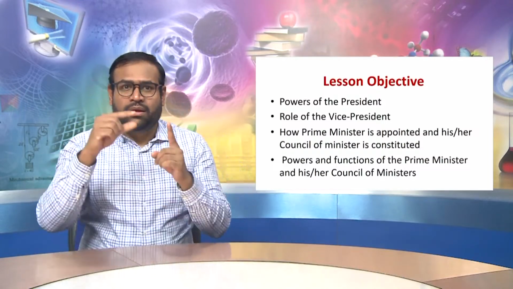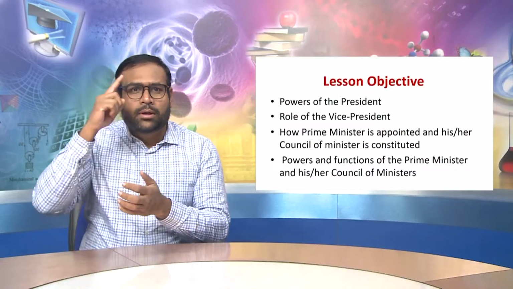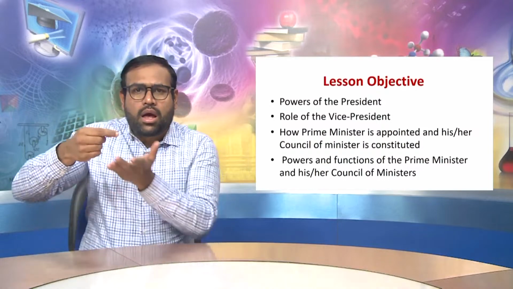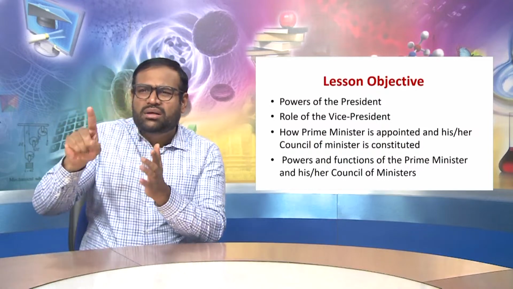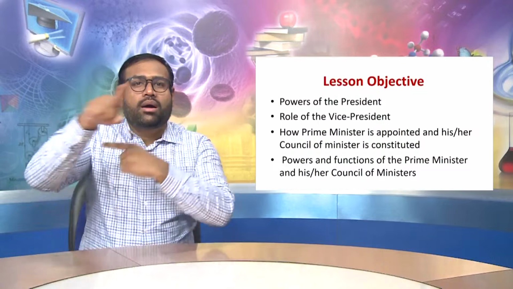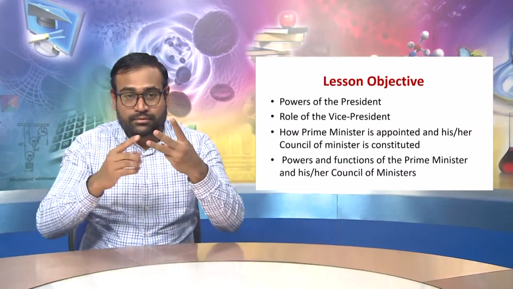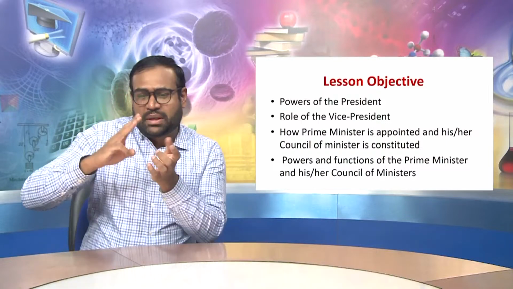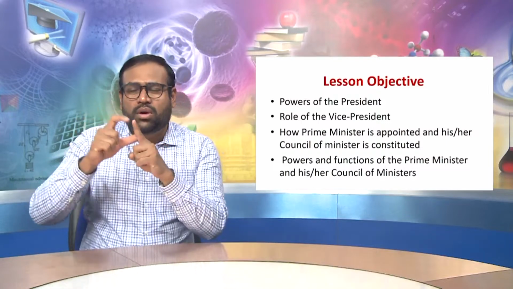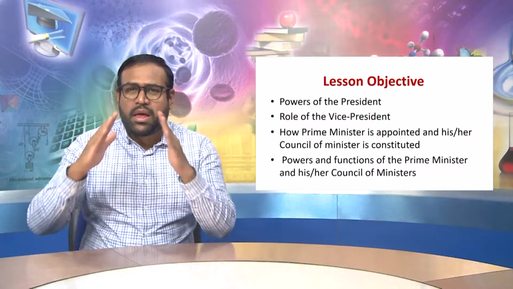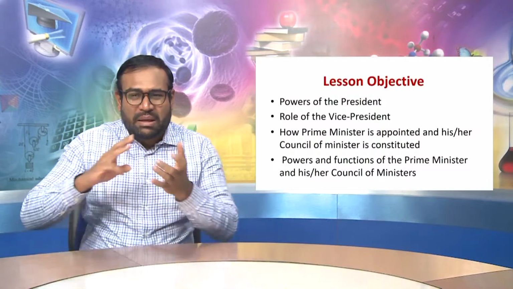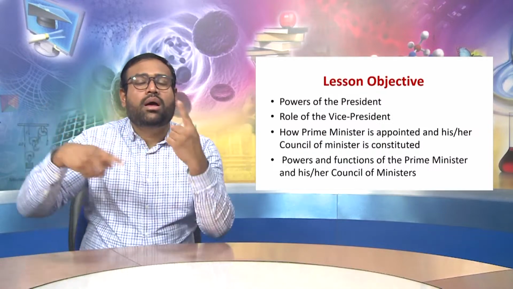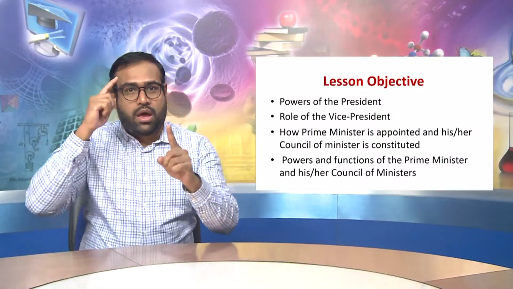Third objective is how prime minister is appointed and his or her council of ministers is constituted. Next objective is powers and functions of the prime minister and his or her council of ministers. So we will discuss these objectives in this lesson.